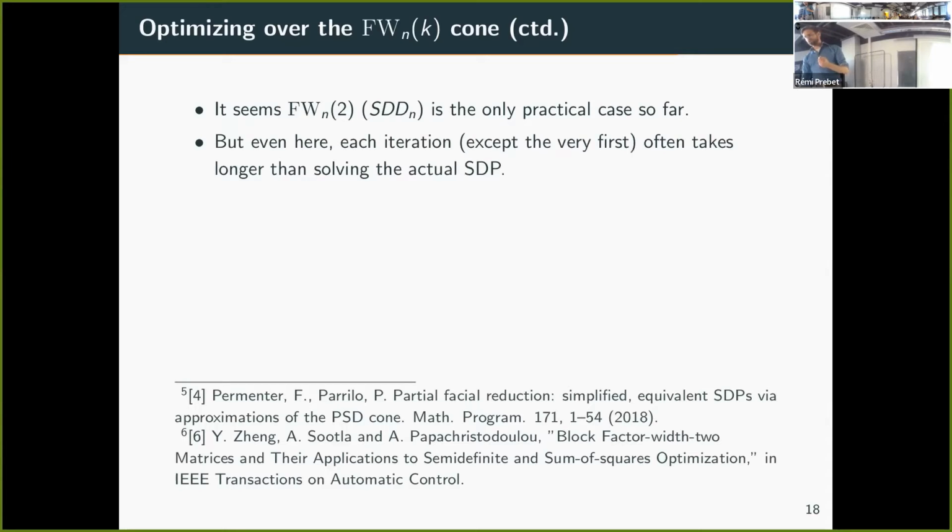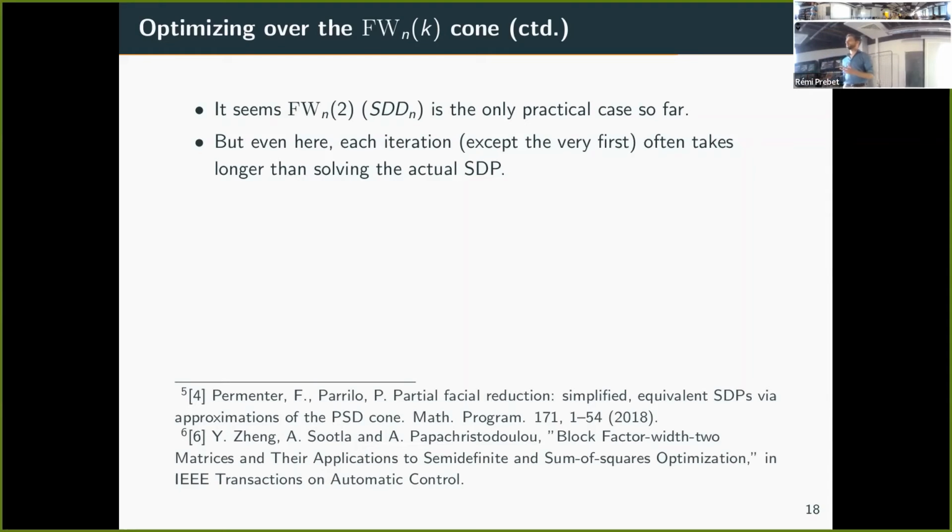But there's still a catch, because even if you solve the relaxed program, or the strengthening, if you will, over the vector width 2 cone, each iteration in all the experiments that we did takes longer than solving the actual SDP, except the very first.